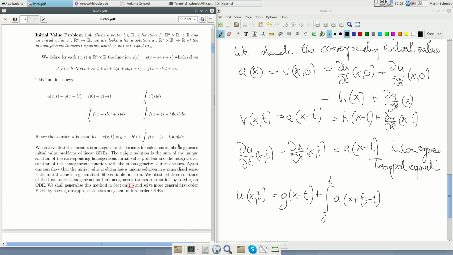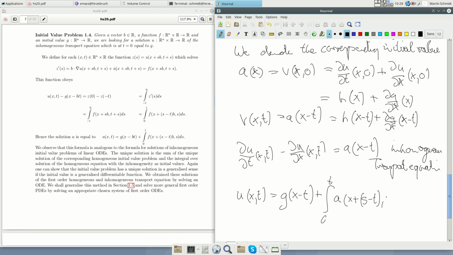And in the second variable, we should just insert minus s. Sorry, if we insert for t the value s, then we get minus s, ds.